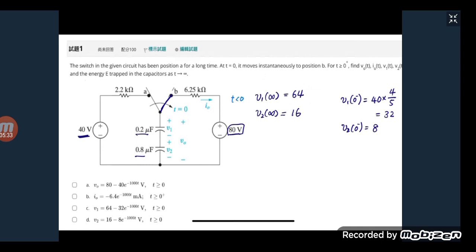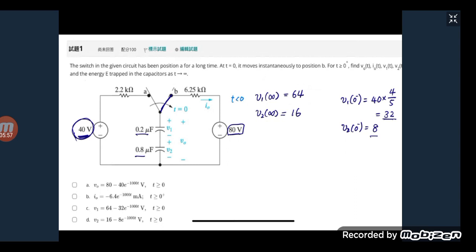Do you know how to derive it directly? Because as we find, if the total voltage is 40, then because of voltage division, V1 is equal to 32 and V2 is equal to 8. Because it's inversely proportional to its capacitor, right?